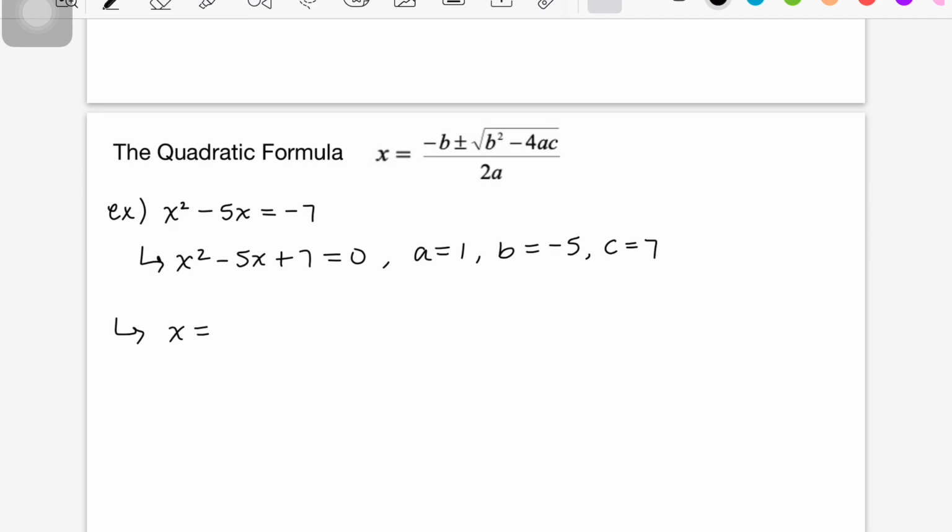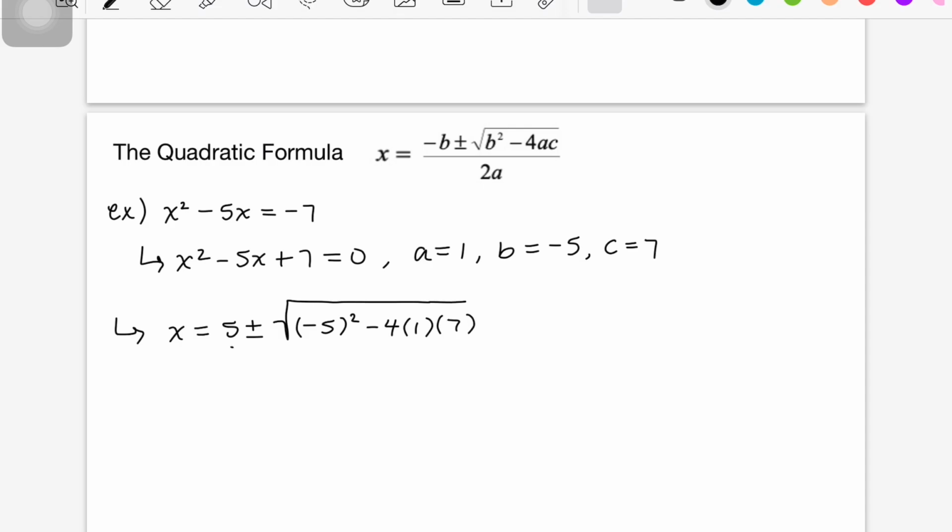We'll have x is going to be equal to minus b. We know that b is already minus 5, so this means minus b is going to be positive 5. Then we're going to have the square root of b squared, so we'll just put that in. Then minus 4 times a, which is 1, and then times c, which is 7.